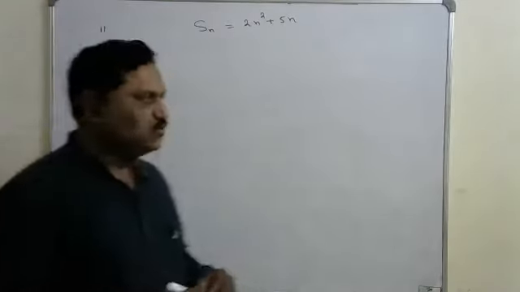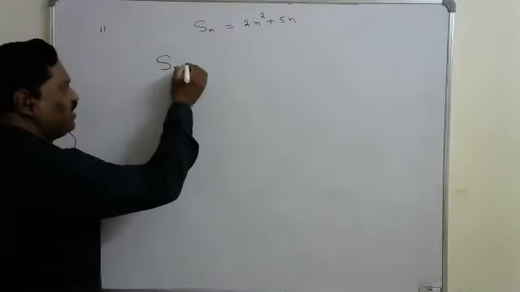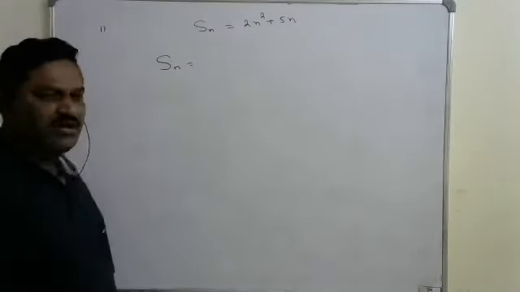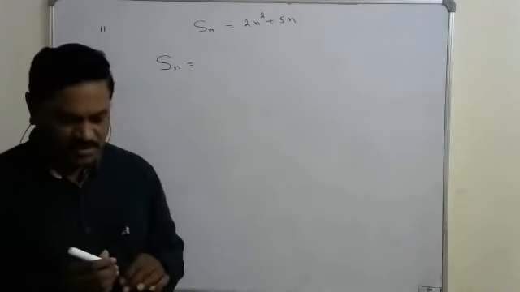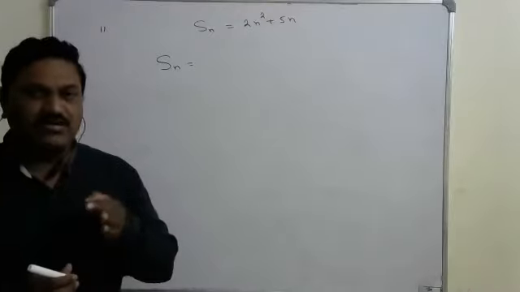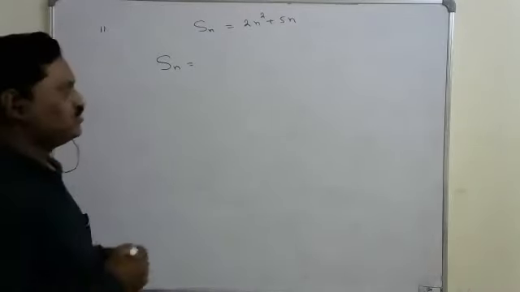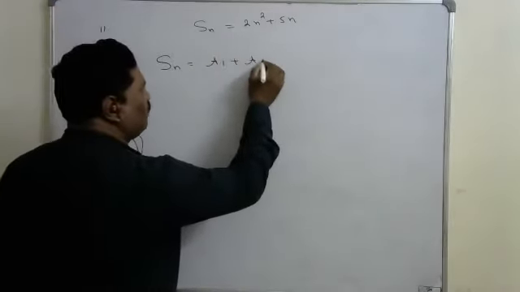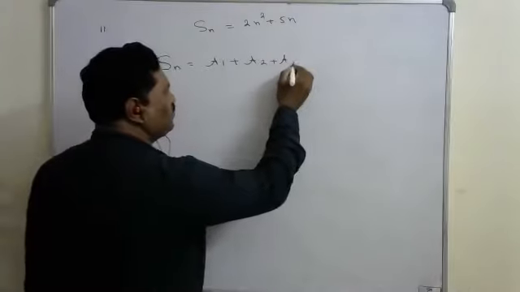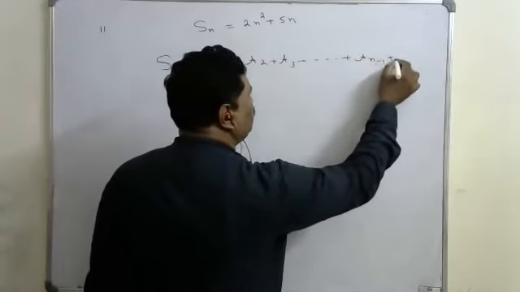Good. So just observe that not only for the AP, for any series, whenever they have given the sum of the n terms and you want to find the nth term of the series, remember this formula. The sum of the n terms represents the first term plus the second term plus the third term and so on up to the n minus 1 term plus Tn.